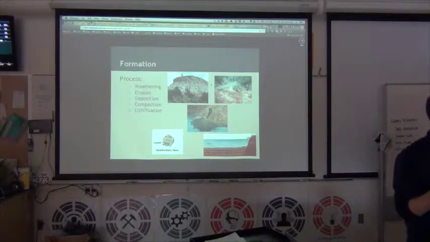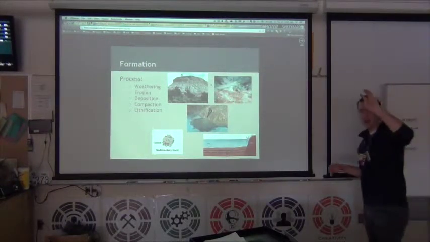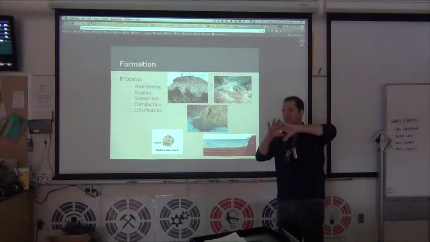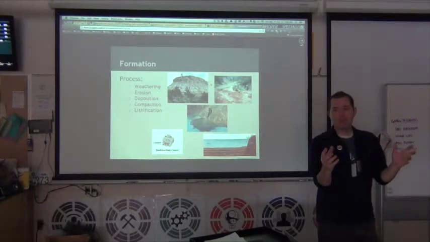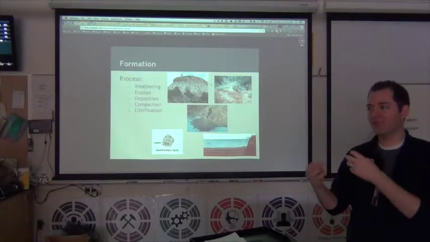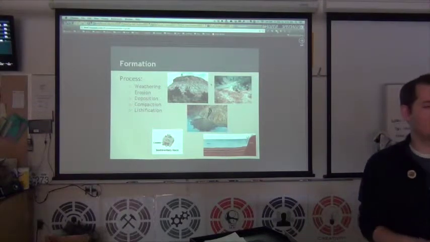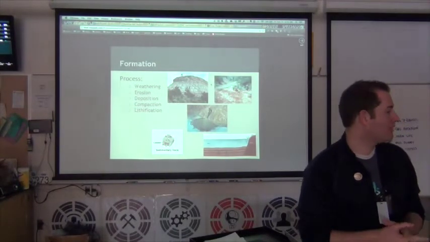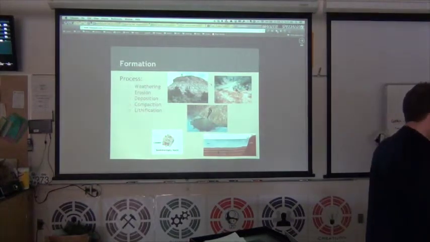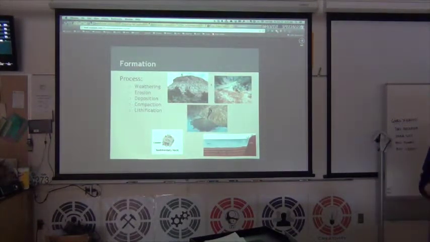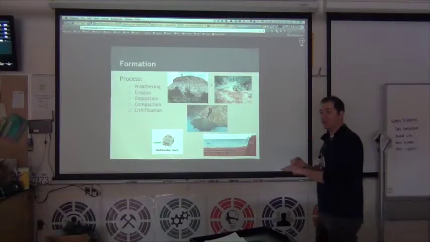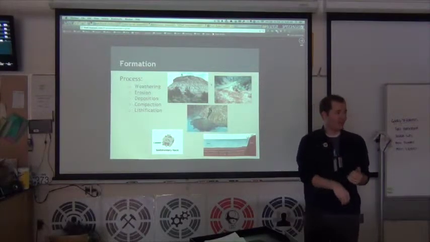Okay, weathering, the first one. So we've got a mountainside. It's made of rock. The first thing that happens, it has to be weathered, which means it has to be broken apart. There's lots of things that can cause rocks to be weathered. That can be water raining on it. It can be gravity that pulls the rock down to the ground.